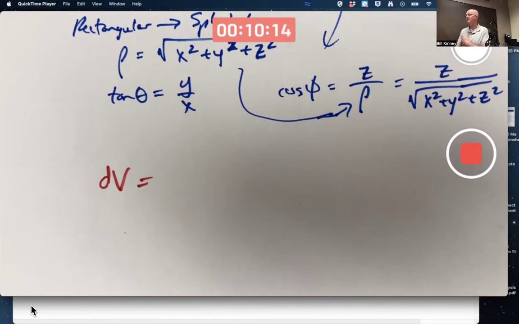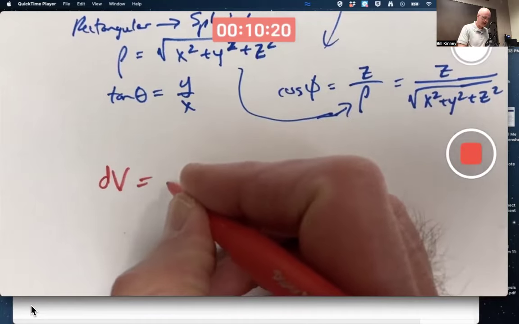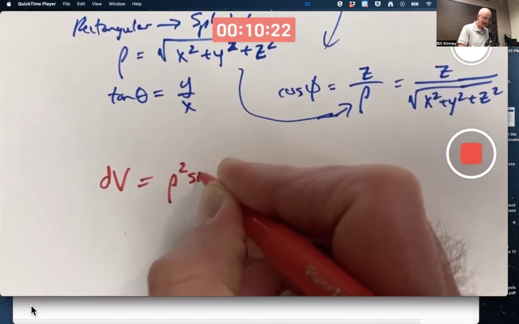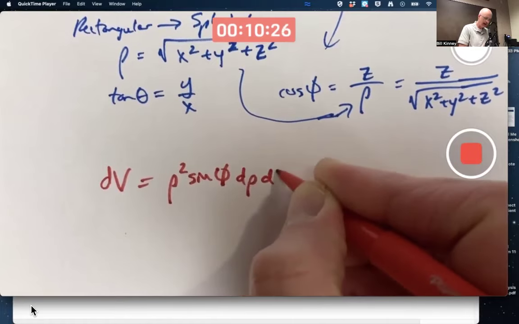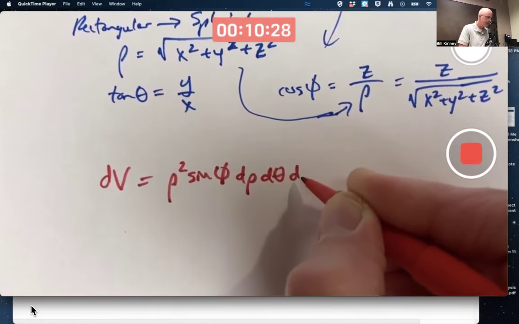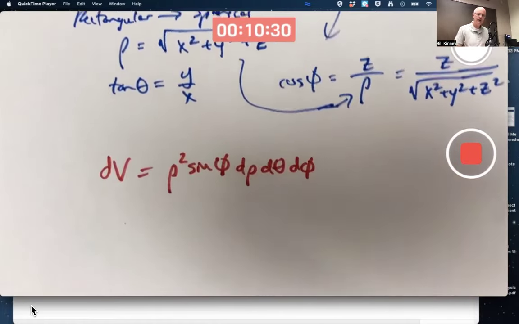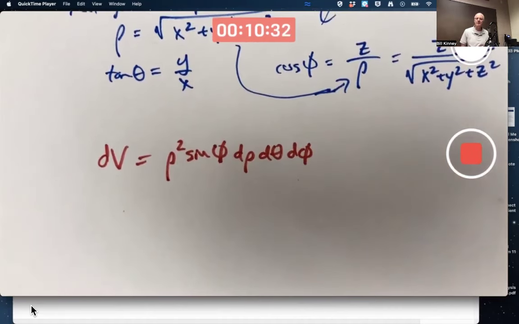It doesn't matter, but most typically you integrate with respect to z first. Here, dV is written rho squared sine phi d rho d theta d phi. That's the most typical form of dV that we use here.